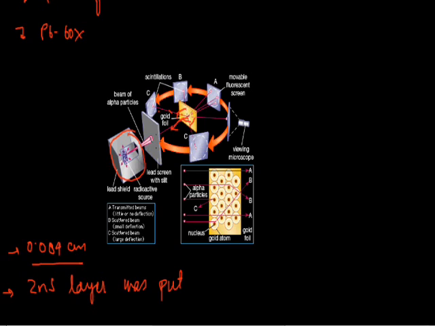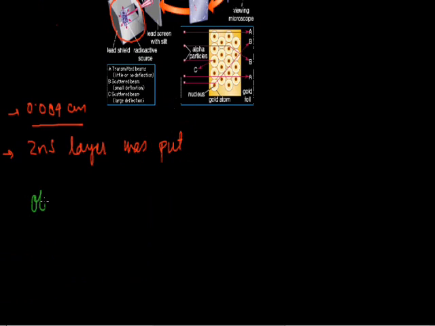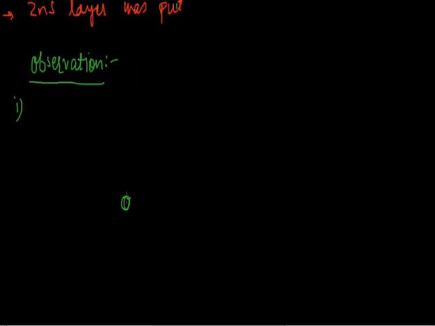What are the observations of Rutherford's experiment? Number 1, since a large number of alpha particles passed through the atom undeflected, hence there must be a large empty space within the atom. Here you can see the ray A passes through. You can see the structure of the atom.